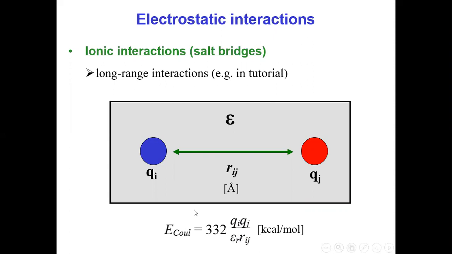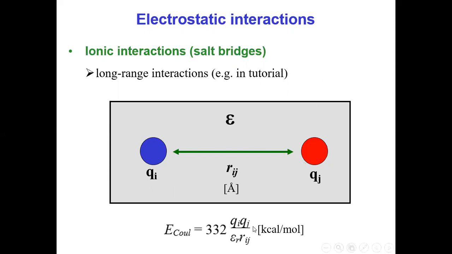So in the case that we have here, for example, when we have two point charges, Qi and Qj, and the distance between them is Rij, the energy, according to Coulomb's law, equals the first charge multiplied by the second charge and divided by the distance r between the two charges, and divided also by a second factor called the dielectric constant, which is noted by the Greek letter epsilon. And I'll explain in a moment what it means. I'll just say that this is a property of the medium in which the charges reside.